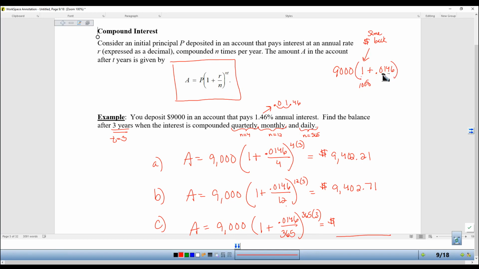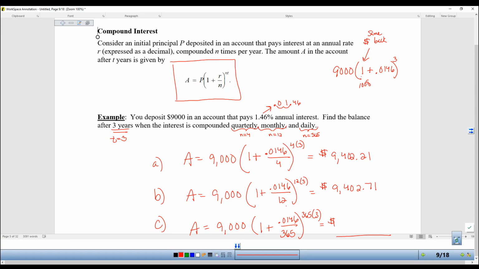And they're going to keep giving you money back plus interest for every year that goes by to the third. When they say they're going to compound it, that means they're actually going to stop after 3 months, if they do it quarterly, and they're going to calculate how much money you're supposed to get and give it to you, or at least put it in your bank account.